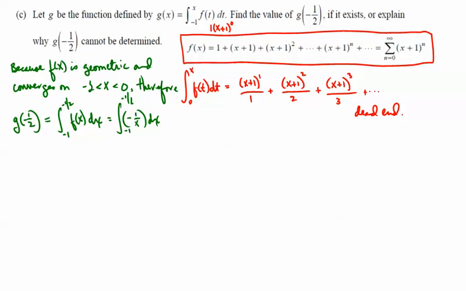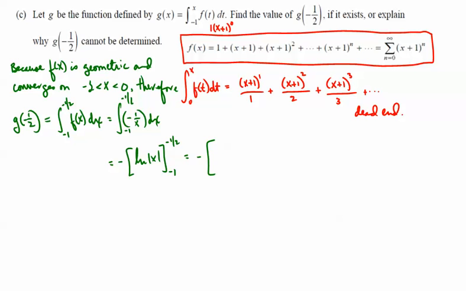So as long as we're in that interval from 0 to -2, we know that f of x is just -1 over x. And so we can bring out the negative, and we know that the integral of 1 over x is ln of absolute value of x, from -1 to -1/2.